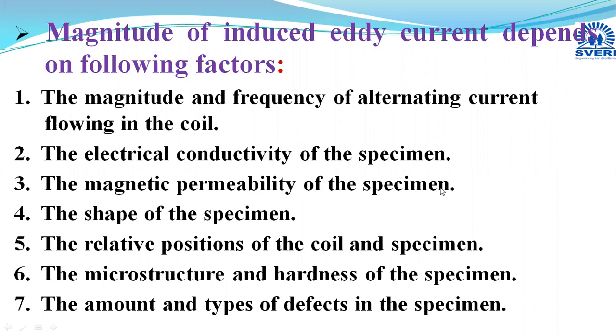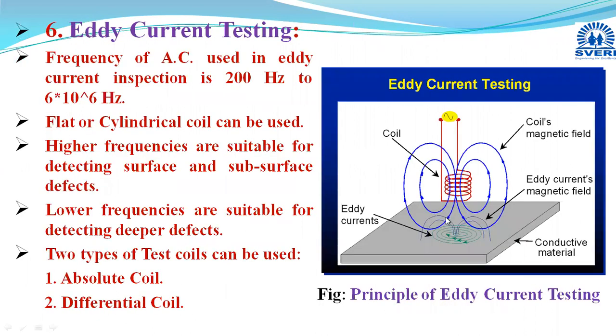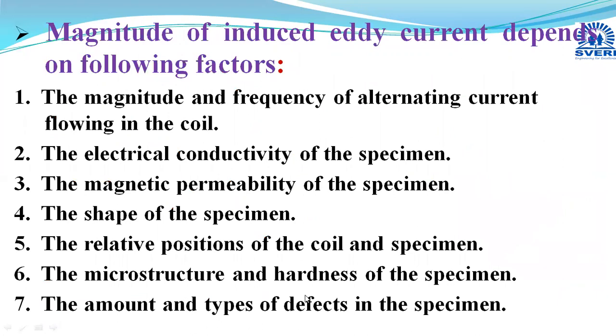Okay, position, the distance between this coil and the specimen, properties of this specimen used, microstructure and hardness of the specimen, and the amount and type of the defects. Okay, depending on this, this induced eddy current will be generated, and we are just checking the impedance, magnetic impedance.